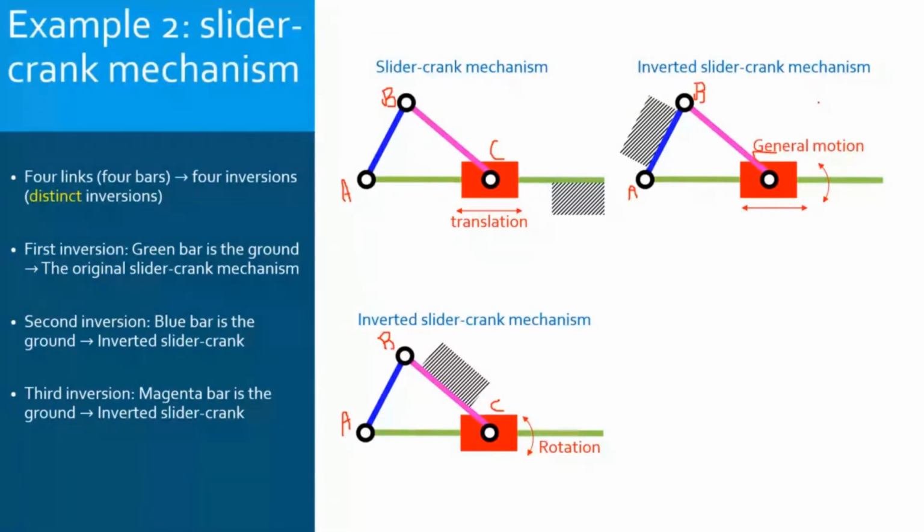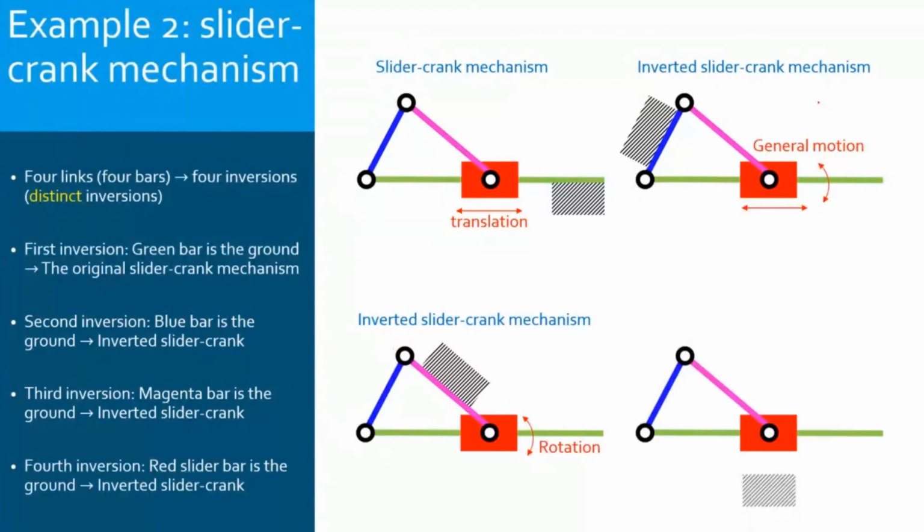So you see here that we have substantially different motions. It's not only the range of motion which is different. The slider in the first one can translate only. In the third one it can rotate only. In the second inversion, it can have general motion. And now, in the last one, it will itself be the ground.